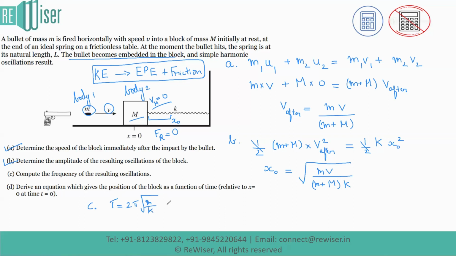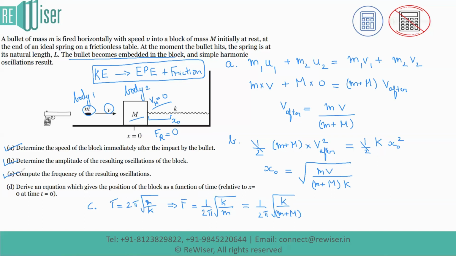And since frequency is 1 by time period, I should rewrite it as frequency f is equal to 1 by 2 pi square root of spring constant k divided by mass m, giving me the substitutions for this specific equation as 1 by 2 pi square root of the spring constant k divided by the combined mass small m plus capital M.